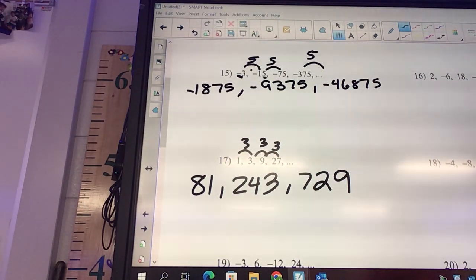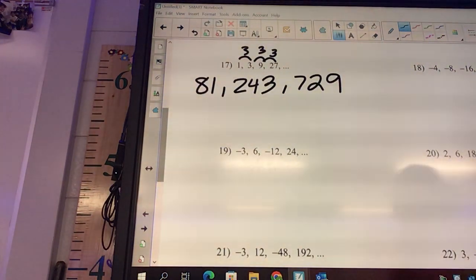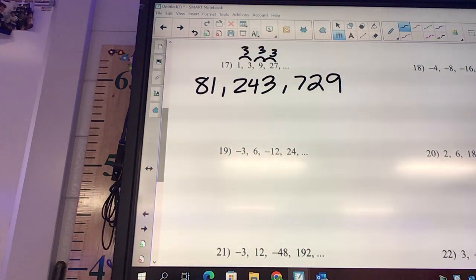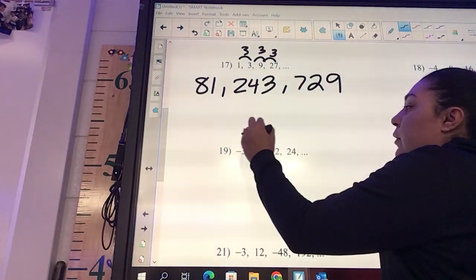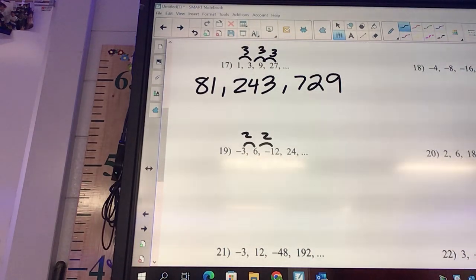Okay, 19. What is our common ratio? What's the number for sure? 2. Okay, it is definitely 2. Okay, should it be negative or not? Okay, well, what is negative 3 times 2? Negative 6. So is that right?